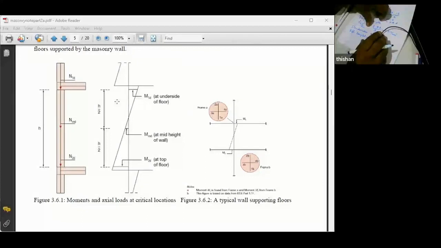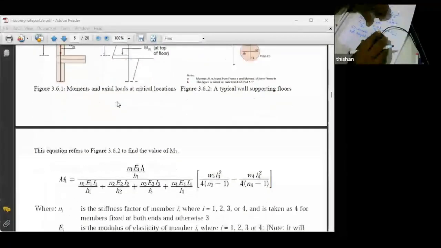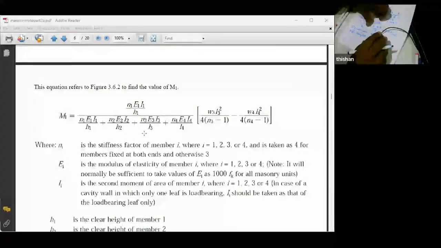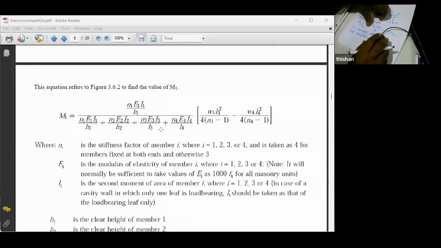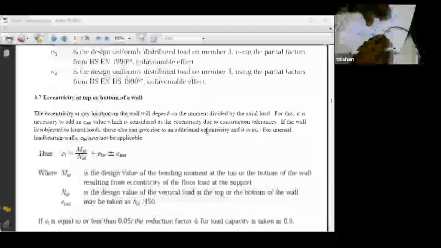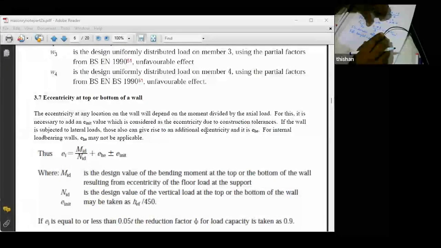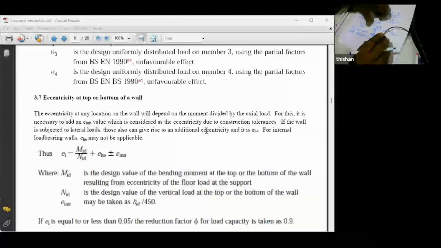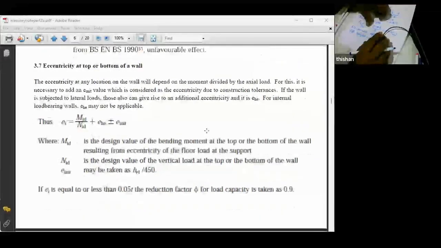And this is a calculation that you have to do when the loads from both sides are not equal. But here in our case, it's symmetrically loaded, so you don't have to worry about this lengthy calculation to find the eccentricity at the top of the wall, because the eccentricity at the top of the wall is 0. We have similar spans on either side of the masonry wall. So that is not a major problem.